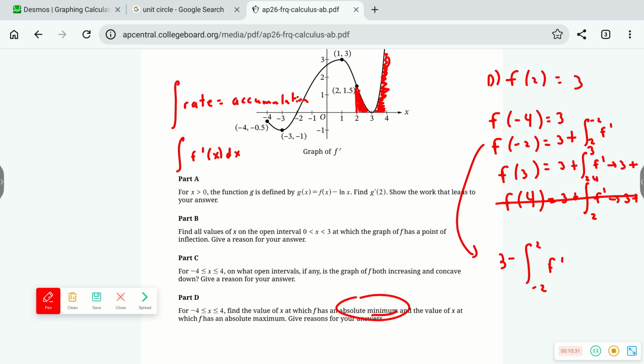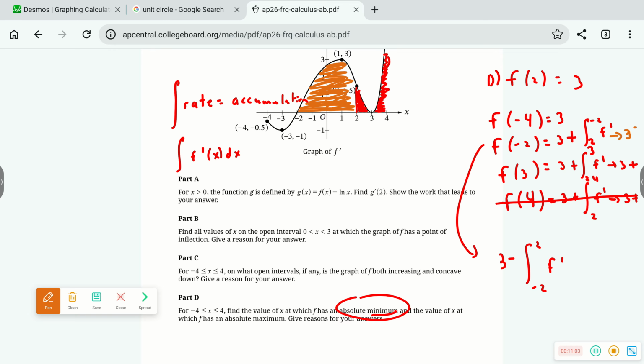What I'm doing essentially is backing this up. Let me change colors. From this red line here, this orange area, all of that's going to get subtracted from 3. So this is going to be 3 minus. I can't actually calculate it, but I can see that it's going to be significantly less than 3 because I subtracted that area. I'm backing it up, so to speak.